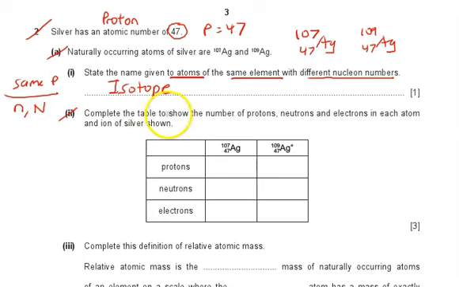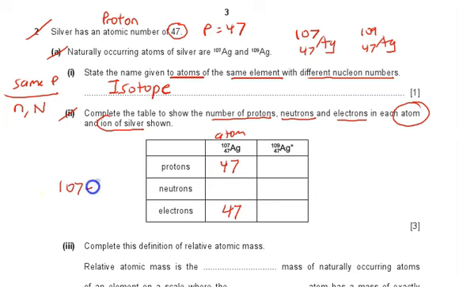Complete the table to show the proton number, neutrons and electrons in each atom. This is an atom, and this one is an ion of silver. The proton number here will be 47. Protons must be the same as electrons for an atom, so 47 and 47. And for the neutrons, you have to subtract, and you'll get 60.